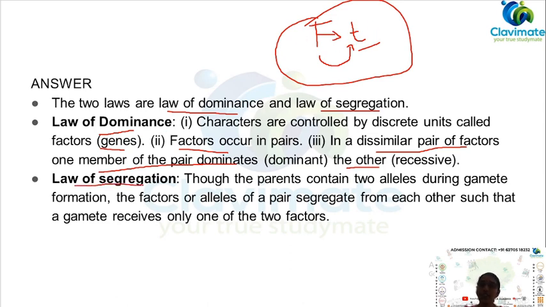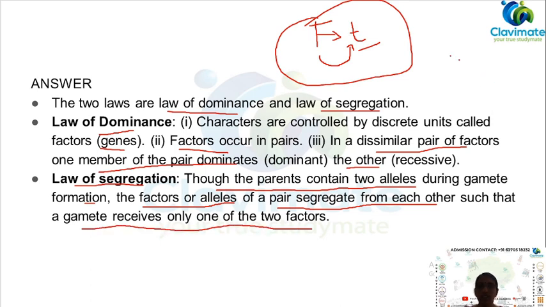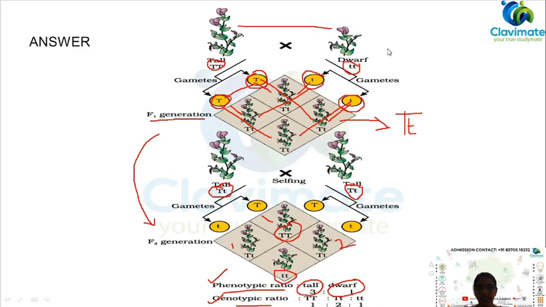And what is the law of segregation? Though the parents contain two alleles, during gamete formation the factors or alleles of a pair segregate from each other such that a gamete receives only one of the two factors. We saw in the previous slide, capital T, capital T segregating into gametes.